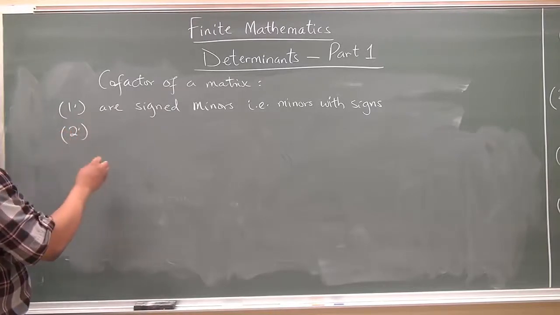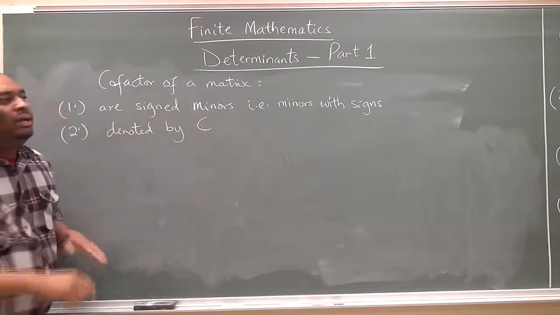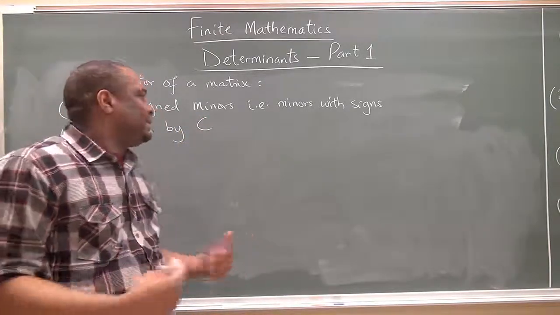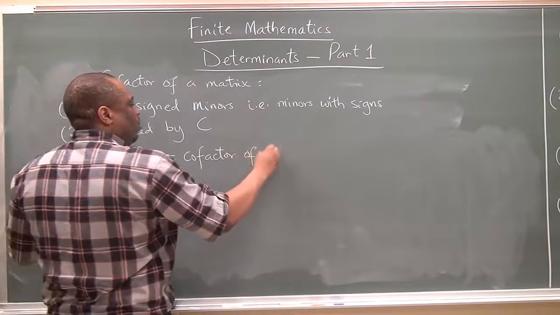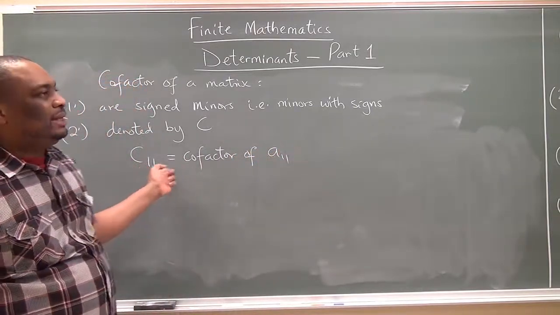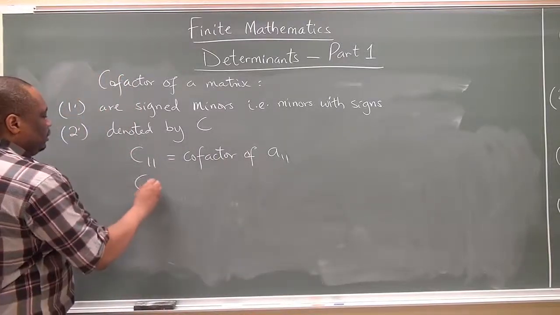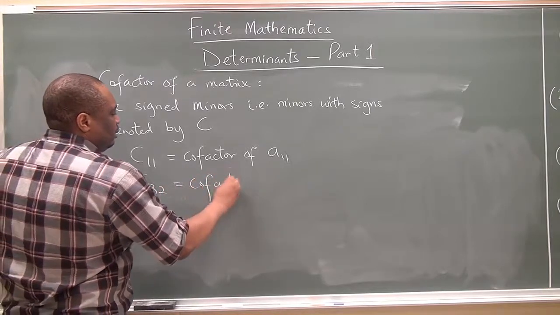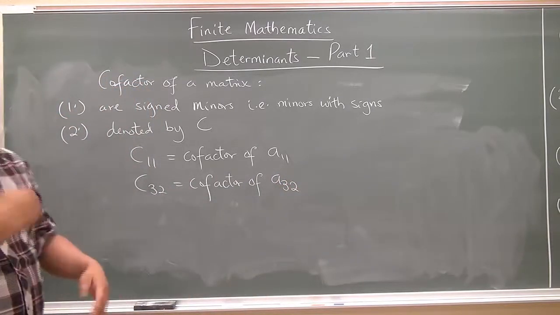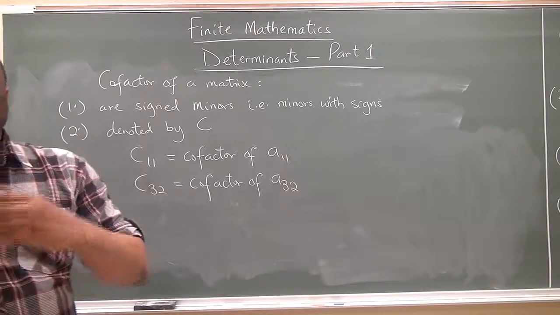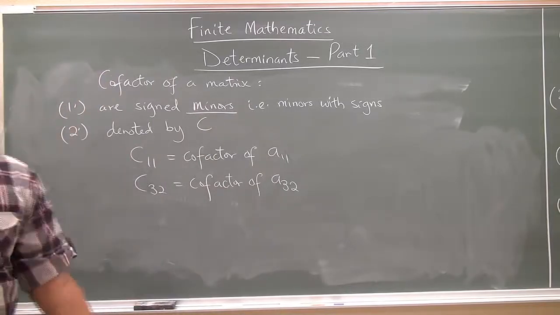Number two, the cofactor is denoted by uppercase C. Like when we have C11, this means the cofactor of A11, and if we have C32, this means the cofactor of A32, denoted by C with subscripts.